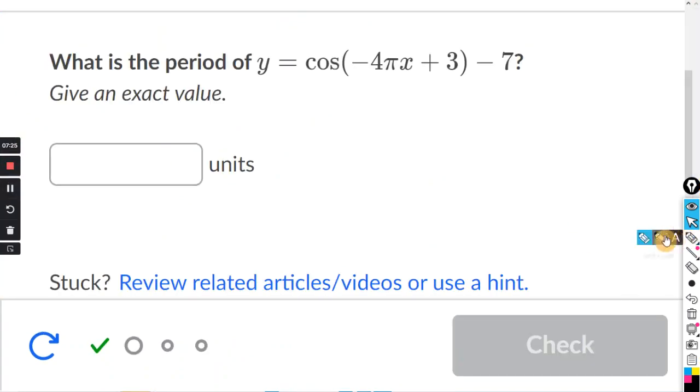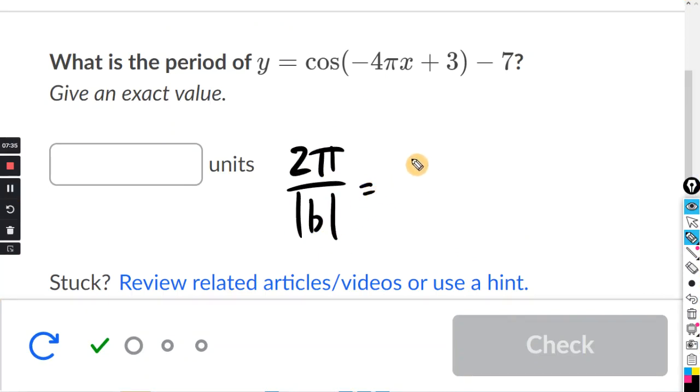Last one. I was hoping to get one with a fraction, but anyhow, same formula, 2 pi over the absolute value of b. So we have 2 pi, and b is the number that's multiplied by x, that is -4 pi.